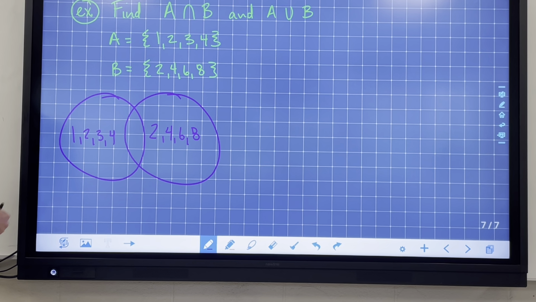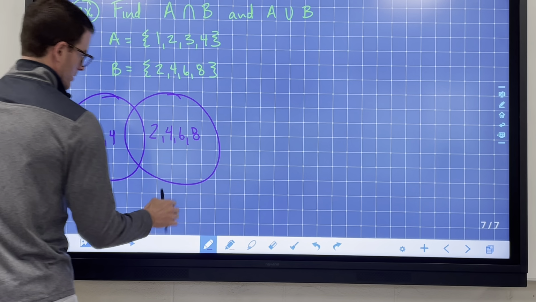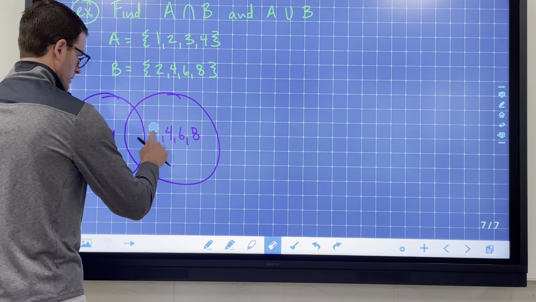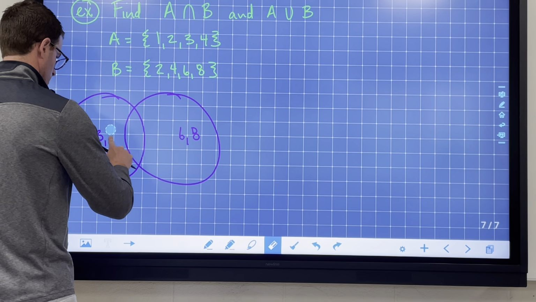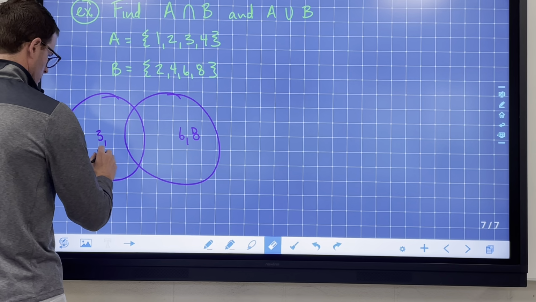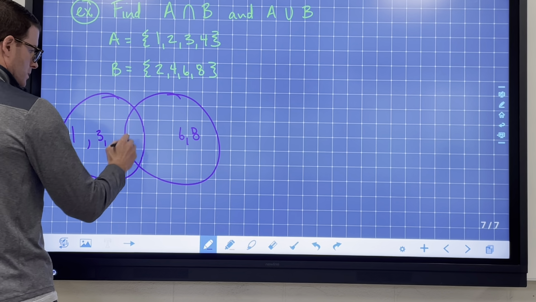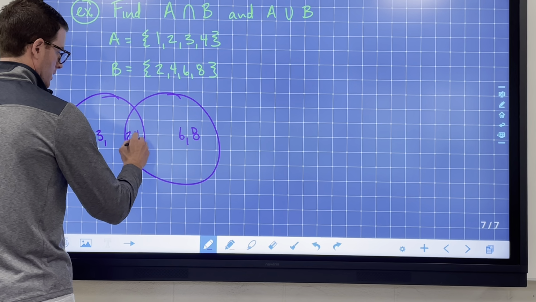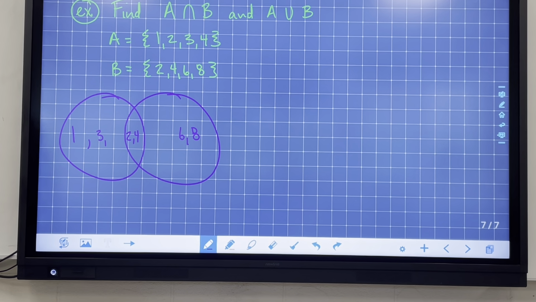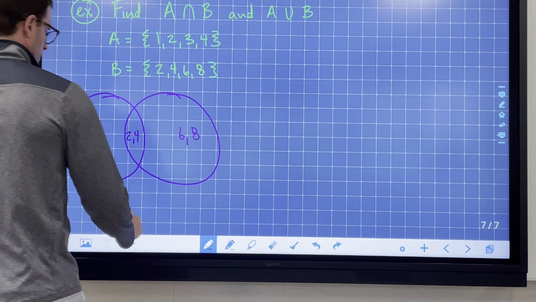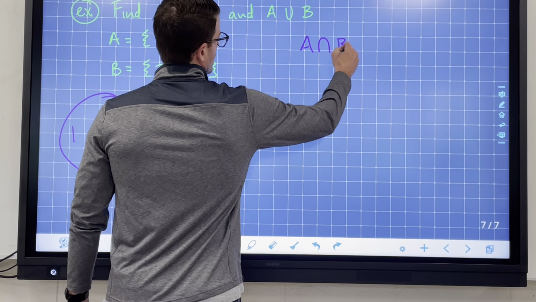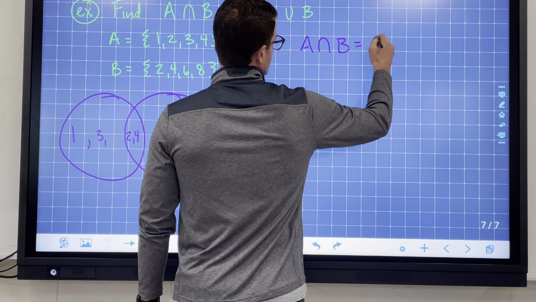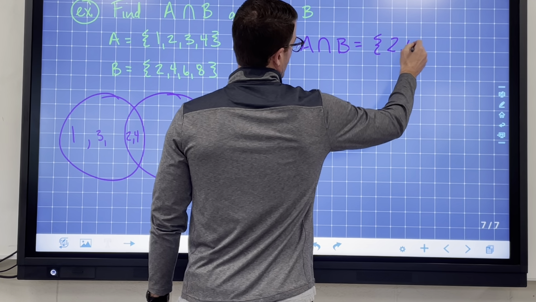Well, they both have a 2 and a 4. So let's change this a little bit. We'll put the 2 and the 4 in here to show that they're part of both groups. So the intersection of A and B is equal to the set of 2 and 4.